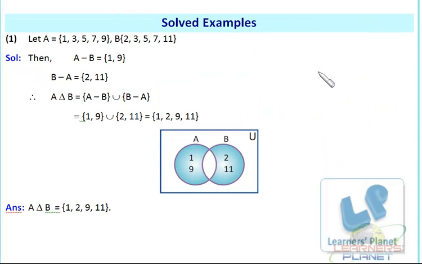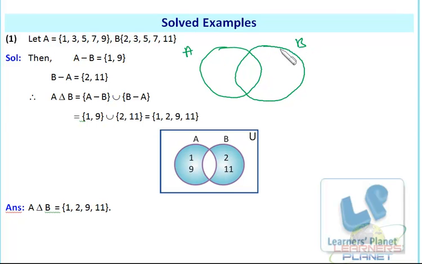Here I have given a solved example. Just see, A is this, B is this. A minus B will be what? Only A. So we need to delete the common elements. You can draw a Venn diagram also. That's A, that's B. First of all, fill up the common elements. We can see 3, 5 and 7, right?